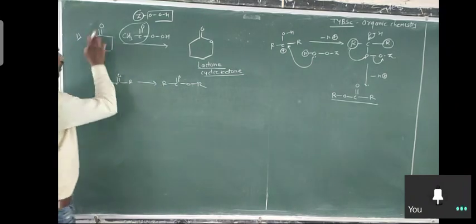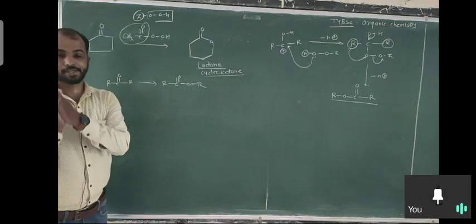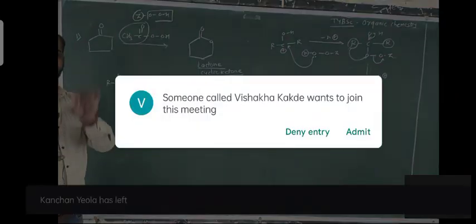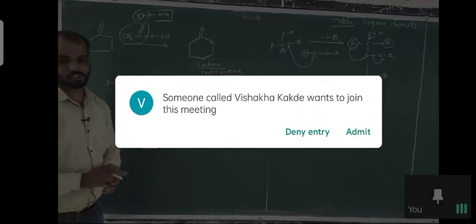Okay, so how to write the direct product? Just see which is the more migratory group, and between the carbonyl and that migratory carbon just introduce an oxygen atom.